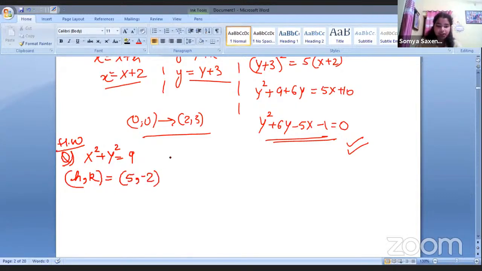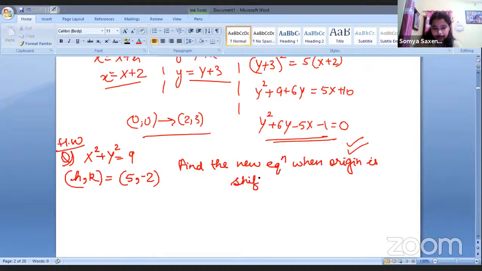So we have to find the new equation when the origin is shifted to h comma k from 0 comma 0, or the original origin, right?